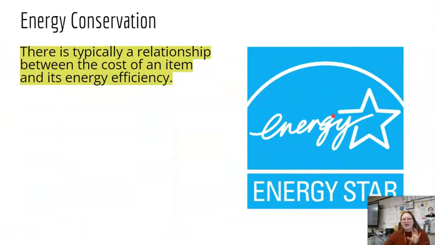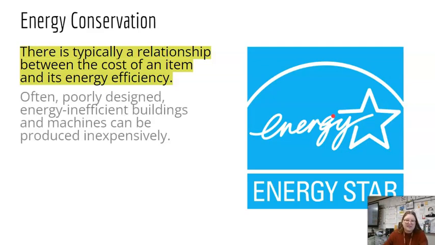So when we look at energy conservation and the things that we're using and buying, there's typically a relationship between the cost of an item and its energy efficiency. This is not always the case, but it is commonly the case. A lot of the times, poorly designed, energy inefficient buildings and machines can be produced really cheaply. They are less expensive, but in the long run, you are using more energy, and so you're paying for that energy.